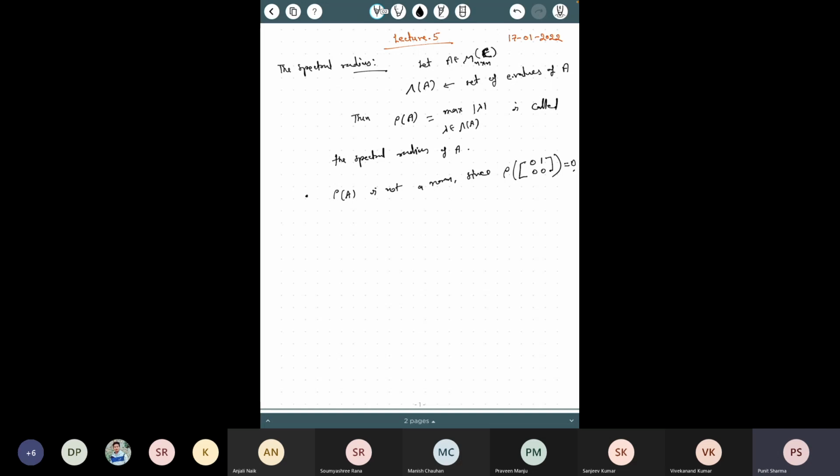Closely related to a norm, in the sense that, let me first prove a result, and then I will show that the spectral radius is the greatest lower bound.